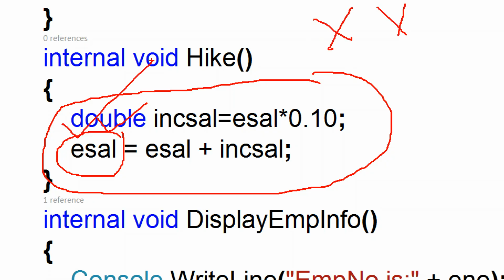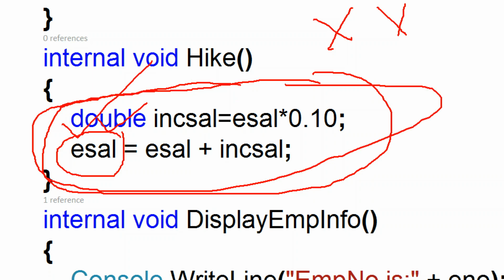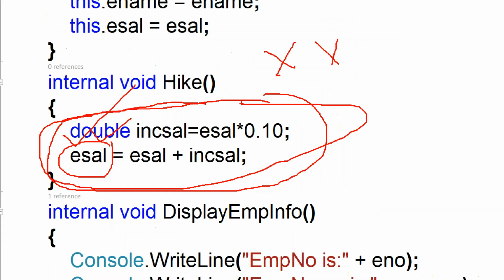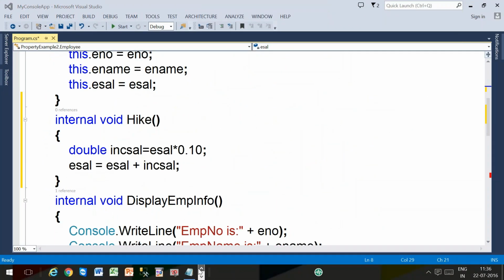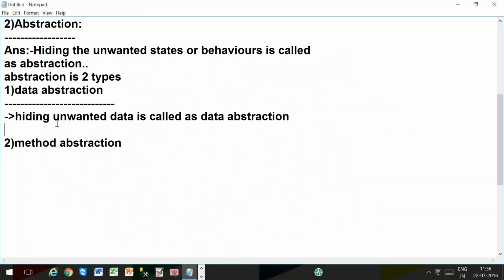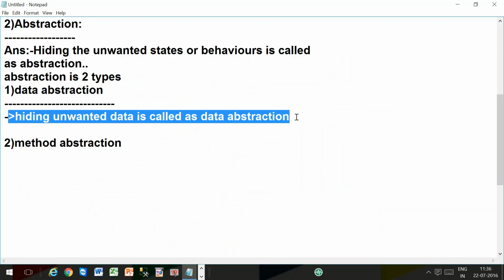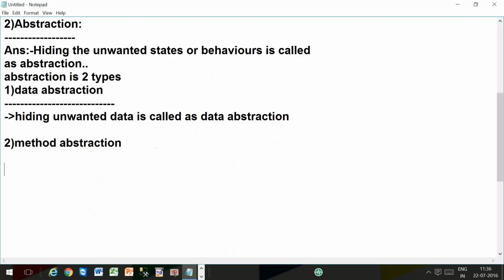This is called data abstraction. Hiding unwanted data is called data abstraction. Coming to method abstraction.